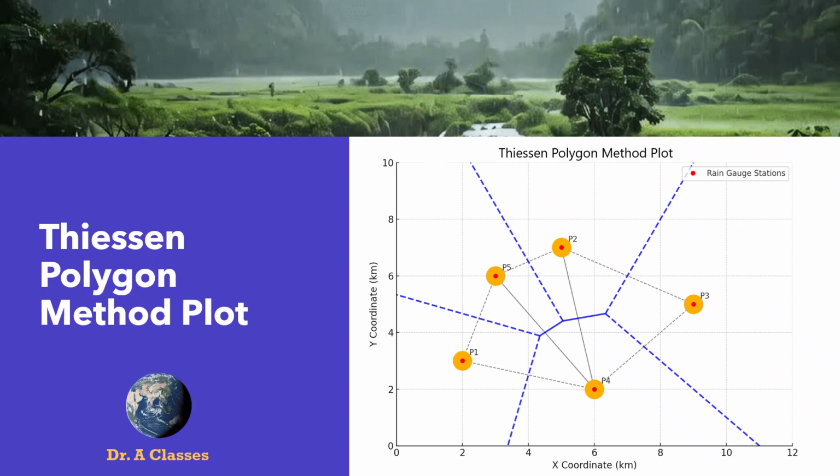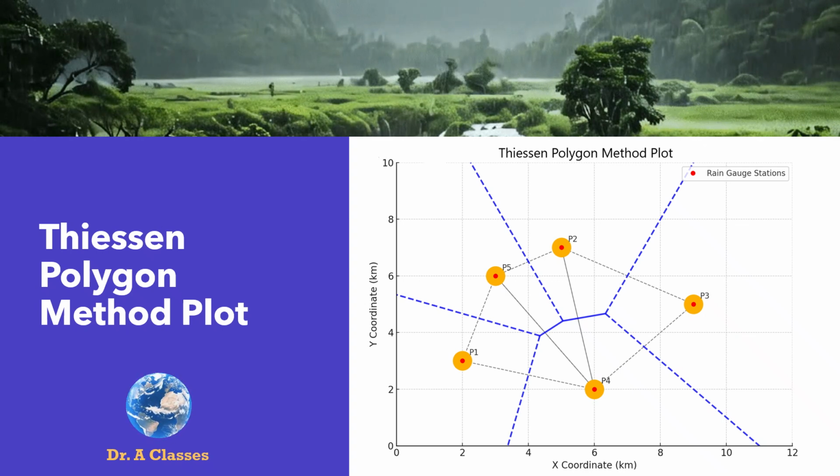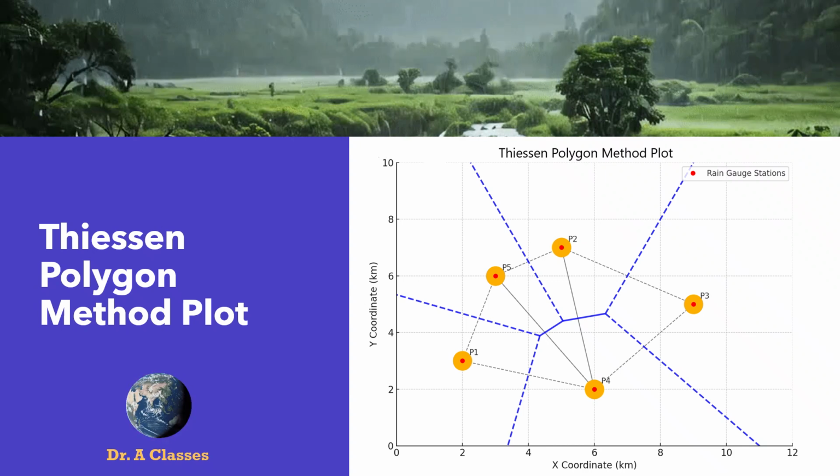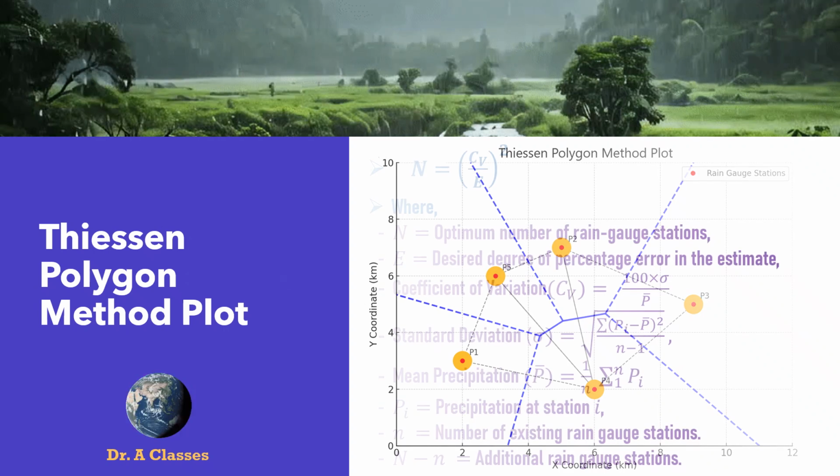Blue lines are the perpendicular bisectors of the triangle sides. They form the Voronoi diagram dividing the area into polygons. Each polygon represents the area that is closer to a particular rain gauge than any other. This method gives a weighted average of rainfall over an area with weights based on the area of influence of each gauge. It is particularly useful when rain gauges are irregularly placed.